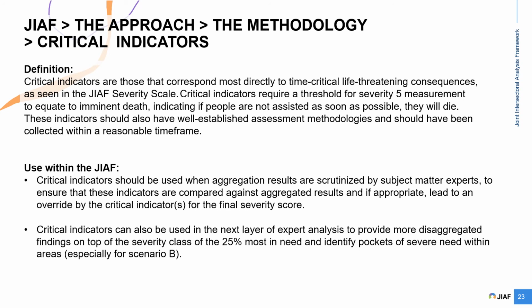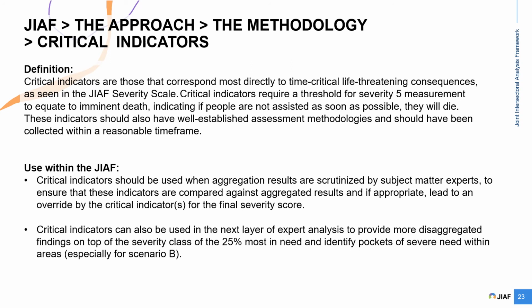Critical indicators correspond most directly to time-critical, life-threatening consequences, and as such, the JIAF analysis team must ensure that these indicators at the highest severity levels, that is to say severity 5, equate to imminent death. Indicators from well-established analysis methodologies whose severity indices relate to imminent death in the highest categories should therefore be given precedence in the selection of critical indicators.